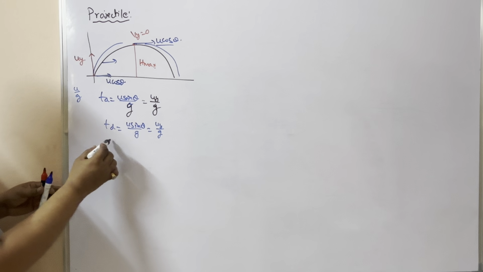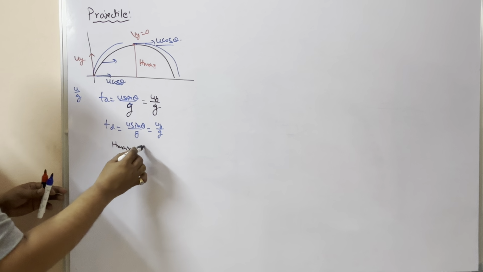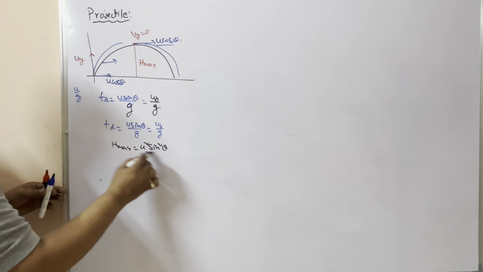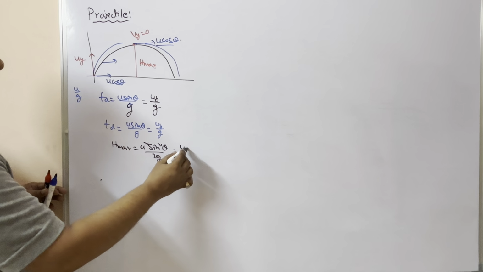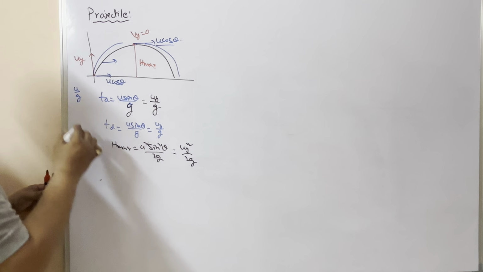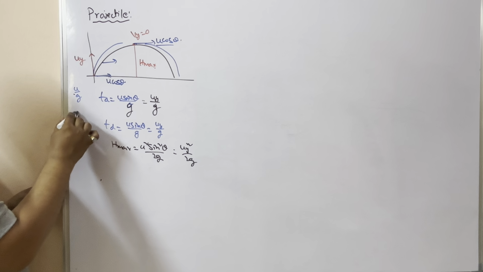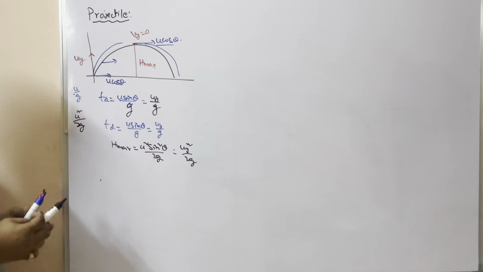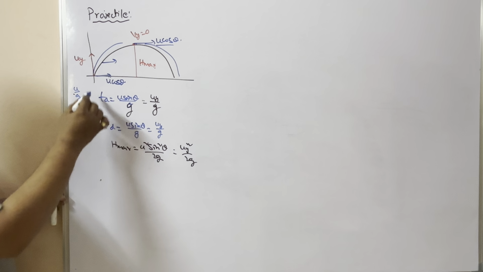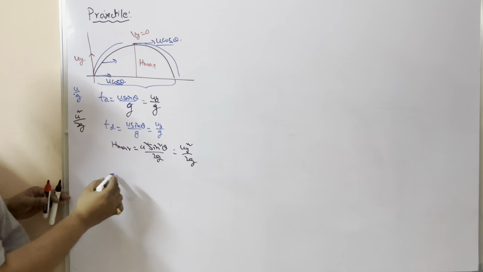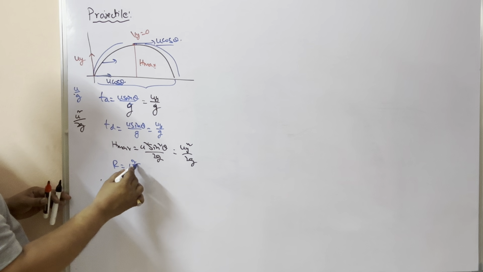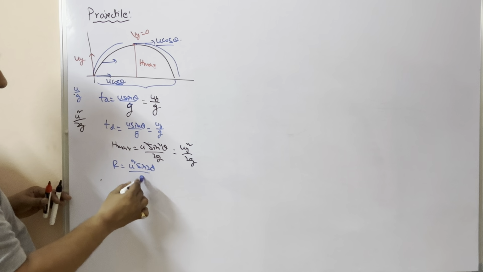Next, what is the maximum height formula? Maximum height is u square sin square theta by 2g. This is only uy square by 2g. In case of a vertically projected body, the maximum height formula is u square by 2g. Next, range. What is the range formula? u square sin 2 theta by g.